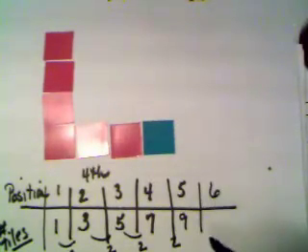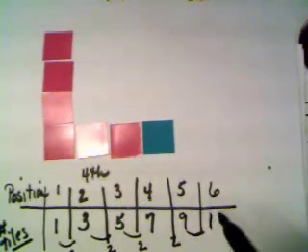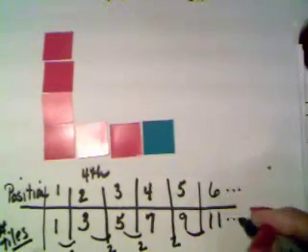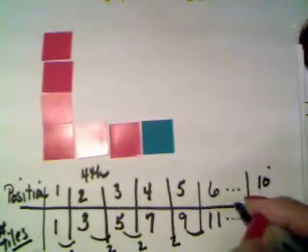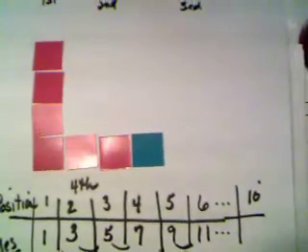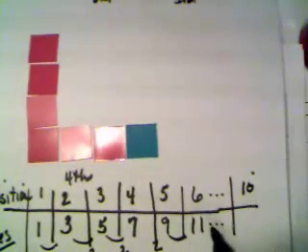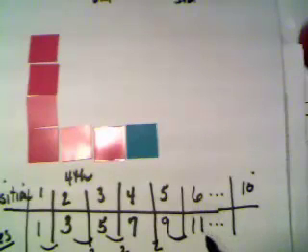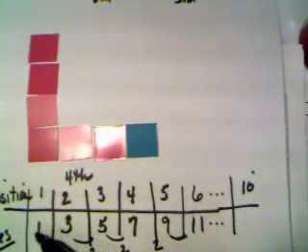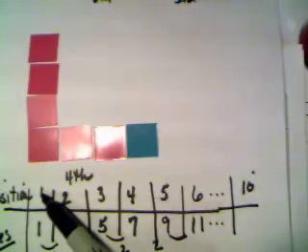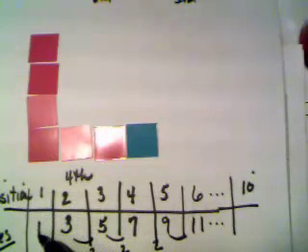In position 6, we know there would be 11. But if I ask you to skip and determine how many tiles there would be in position 10, instead of having to count 7, 8, 9, and then 10, we want to try to look at a pattern that we see between the position and the number of tiles.